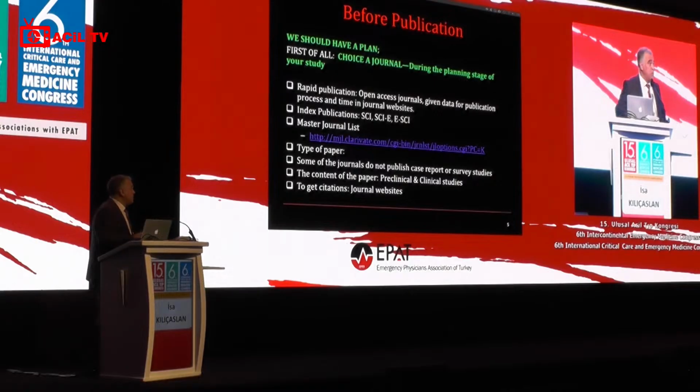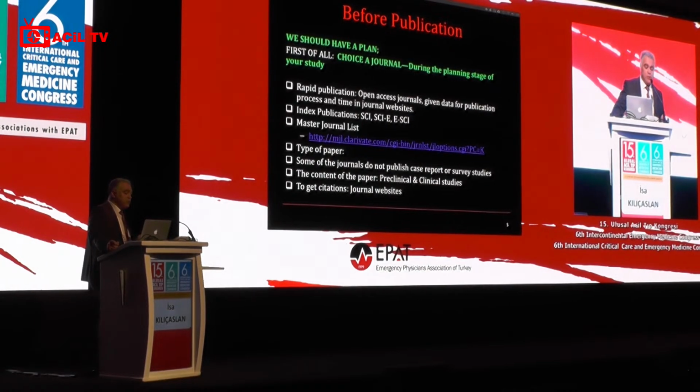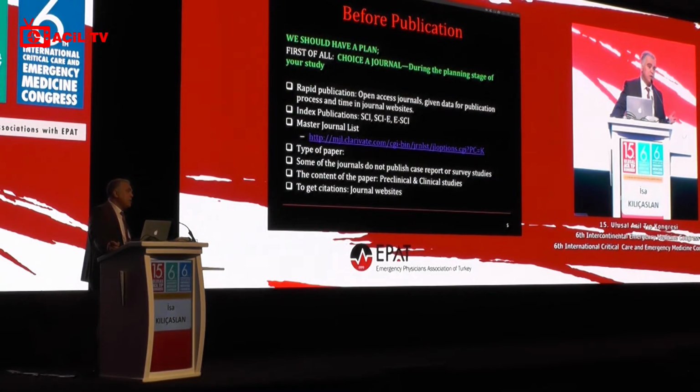This should be done during the planning stage of your study. For rapid publication, you can prefer open access journals. And when you look at the journal website, the dates should be given for each published paper, and you can look at the time on the journal website.